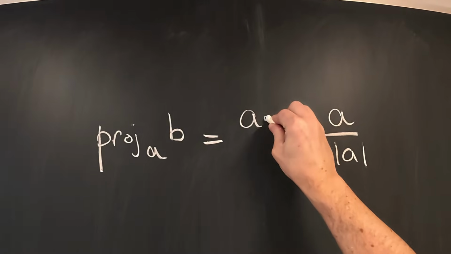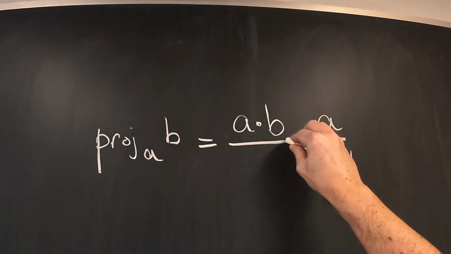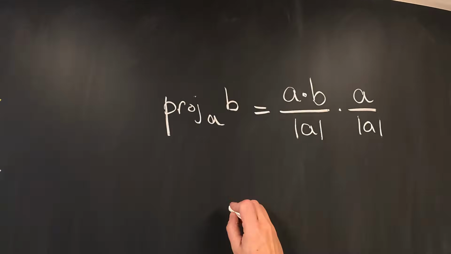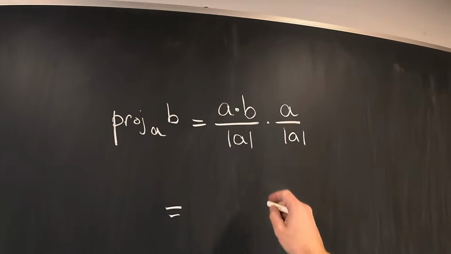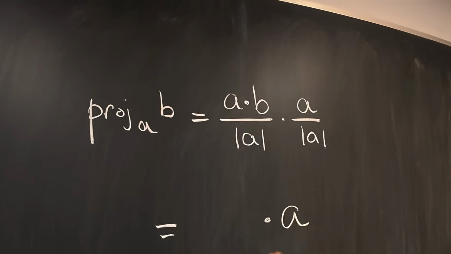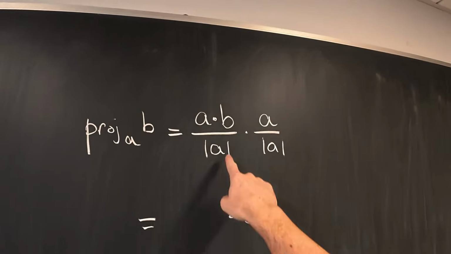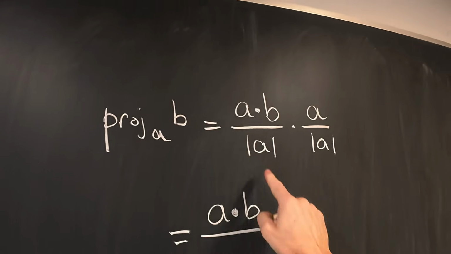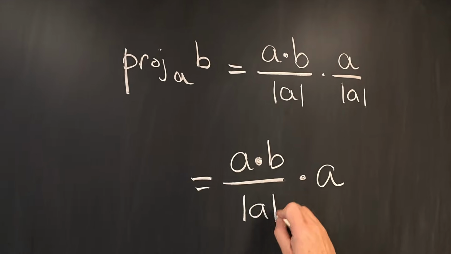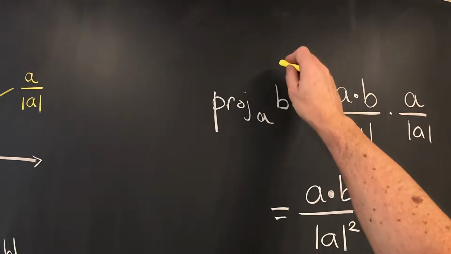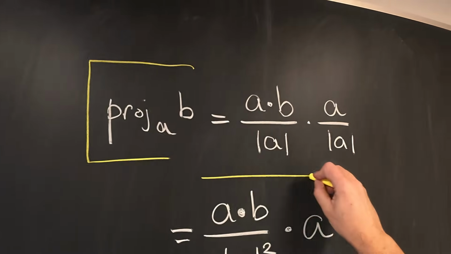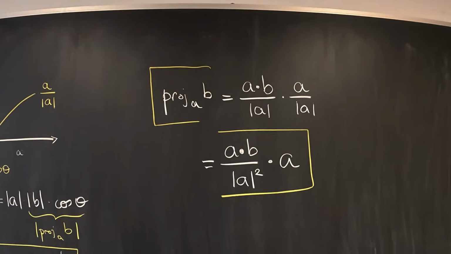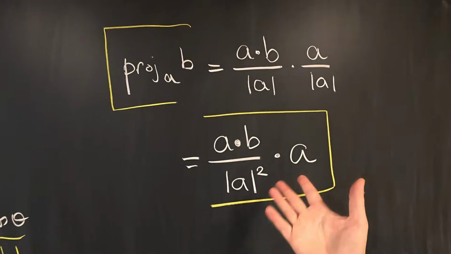So the scale factor is the dot product divided by the length of A. So now I can simplify this to be the vector A times scalar multiplication of A dot product with B divided by the length of A squared. So this right here is a formula for the projection vector of B in the direction of A.